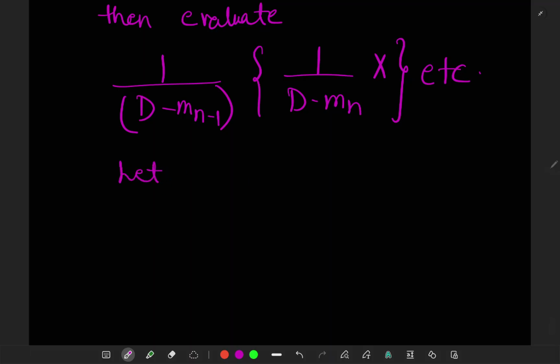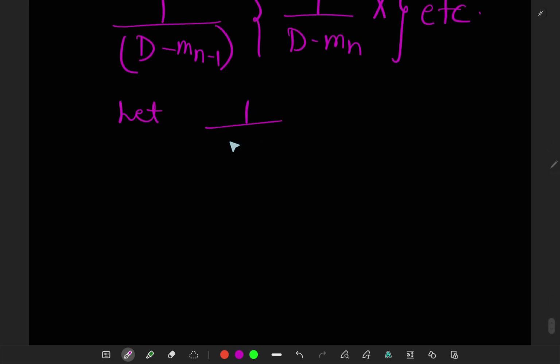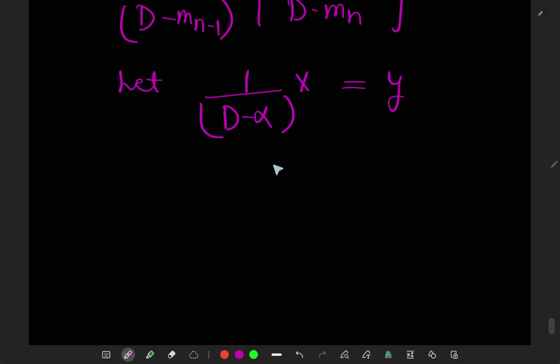Let for example 1 upon D minus alpha into x is equal to y. So generally we can write here like that.